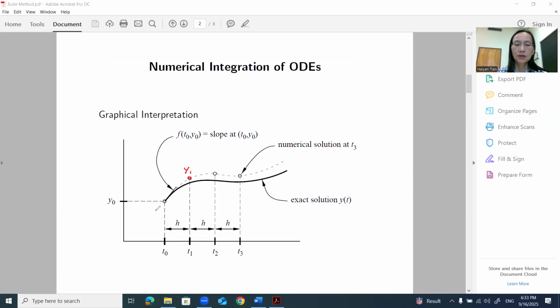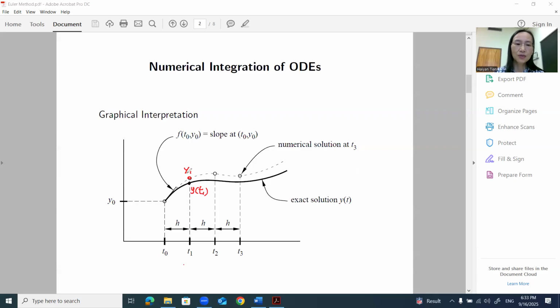It's already an approximation to the true solution, which is y at t1. As we can see from the picture, y at t1 is smaller, right? It is below the y1.